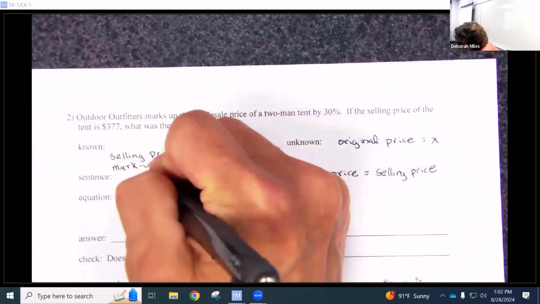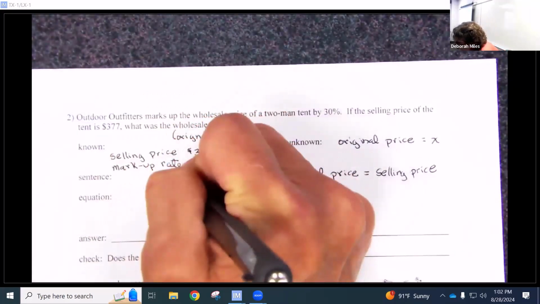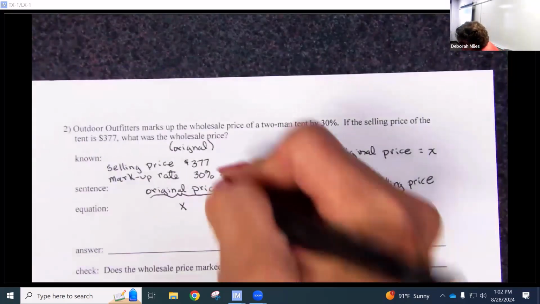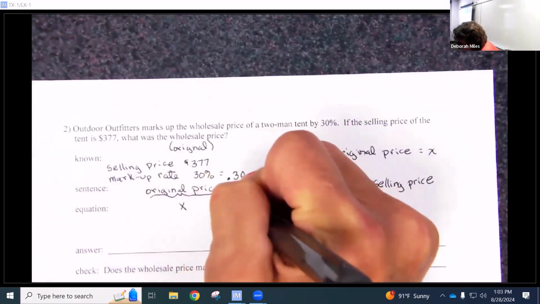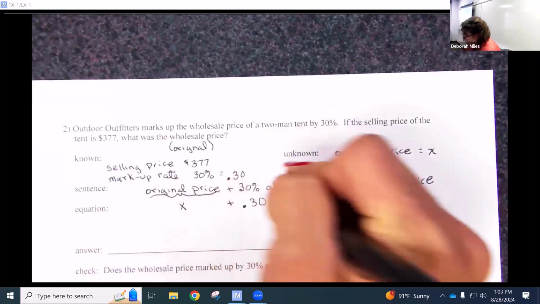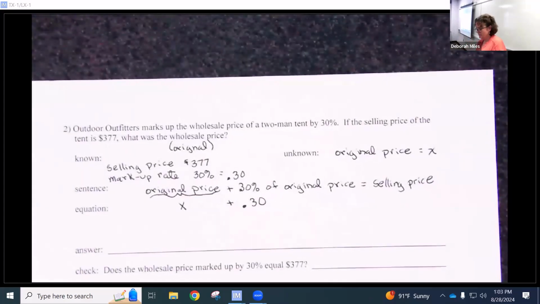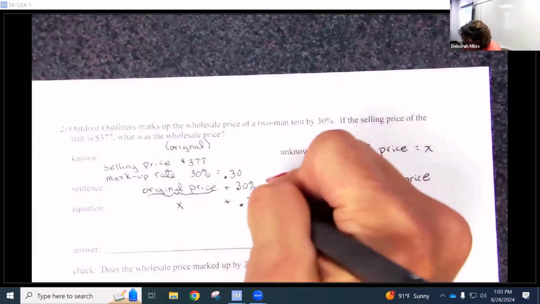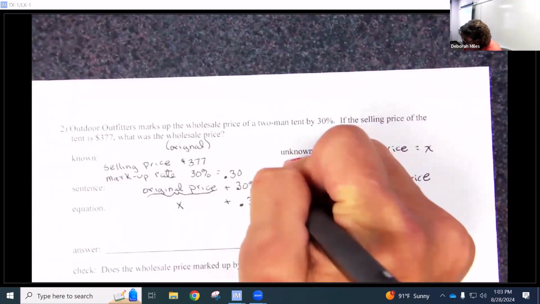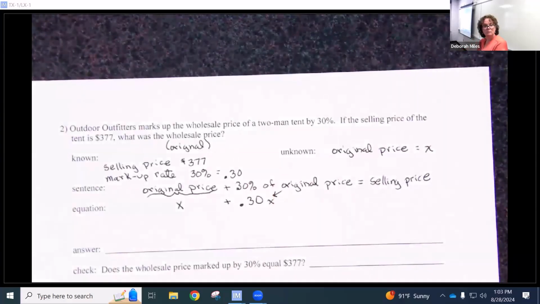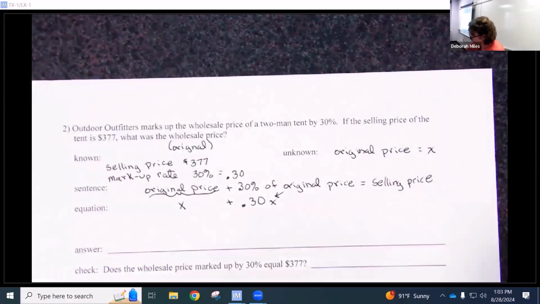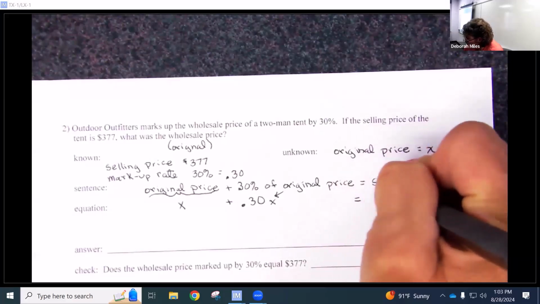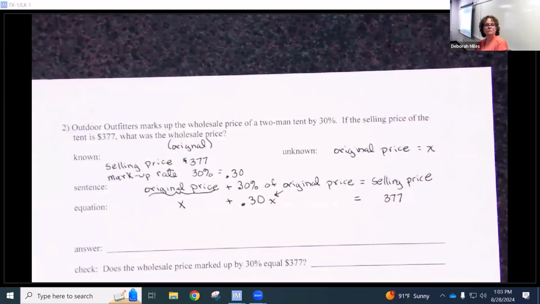In the place of original price, I'm going to put X. In place of 30%, I'm going to put 0.30 or just 0.3. Of the original price means times the original price. And that is my $377.